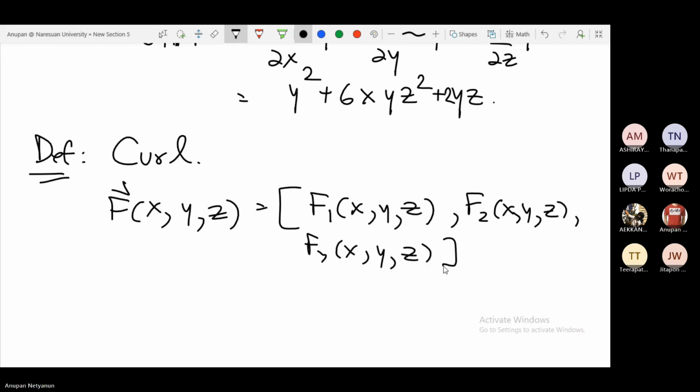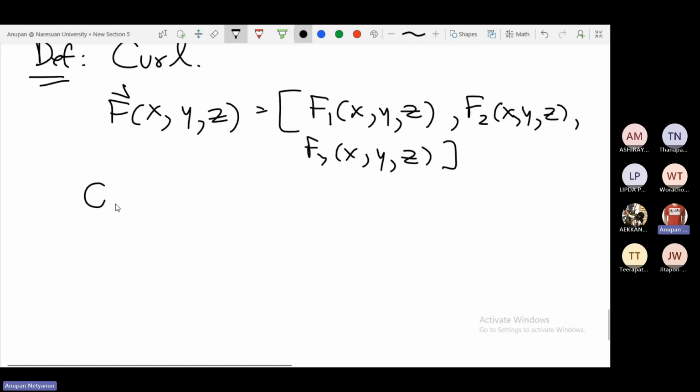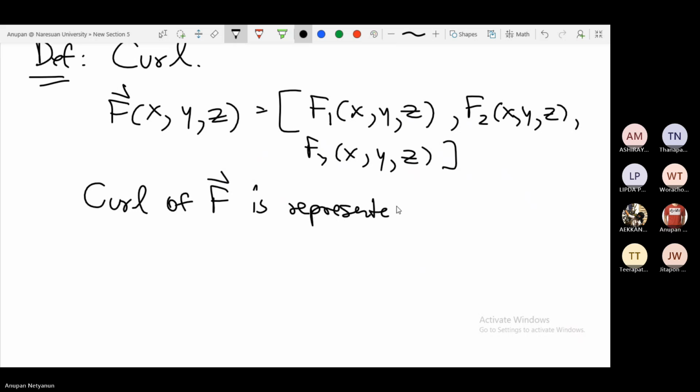Okay, and the curl of f is represented by this notation, which is actually its name, right, of f.